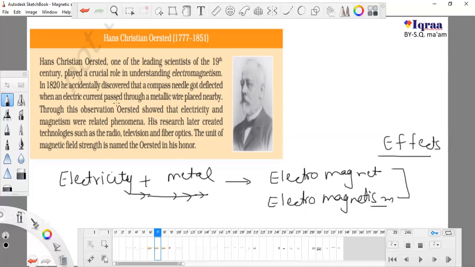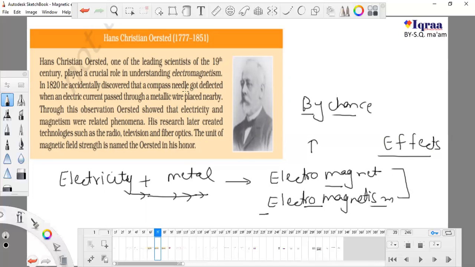Electromagnetism didn't appear through so much hard work. It was just a random chance, and we can say this thing appeared in nature by chance. He was not supposed to do something, he was not doing any experiment for this. It was by luck that he discovered electromagnetism.